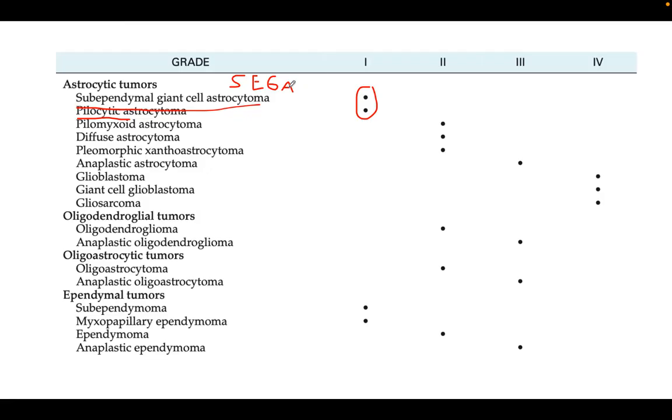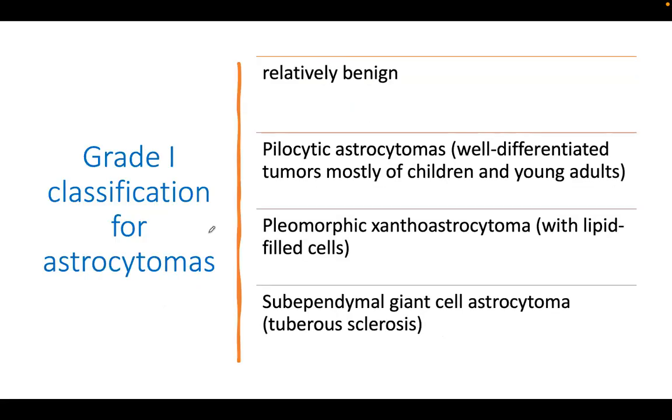So please take note of that. It's the only thing I want to highlight in this slide.